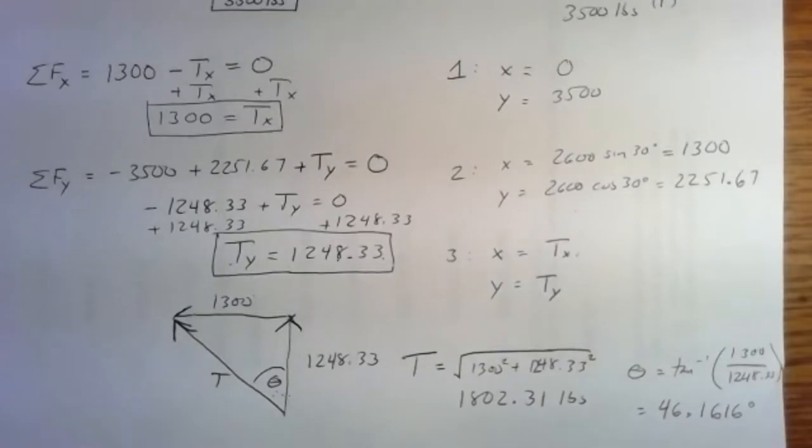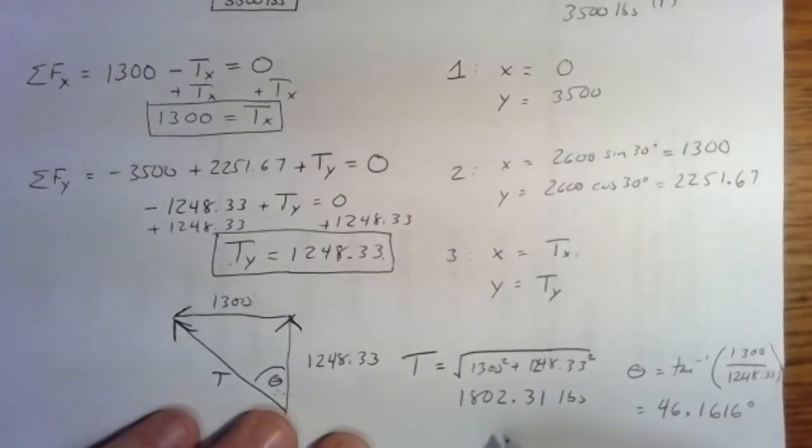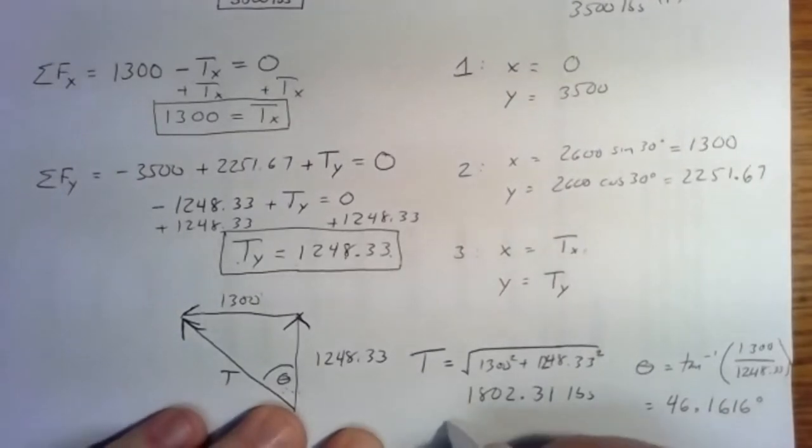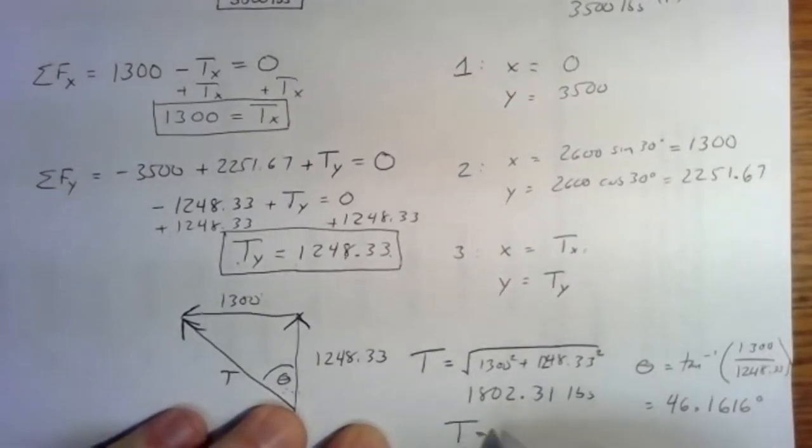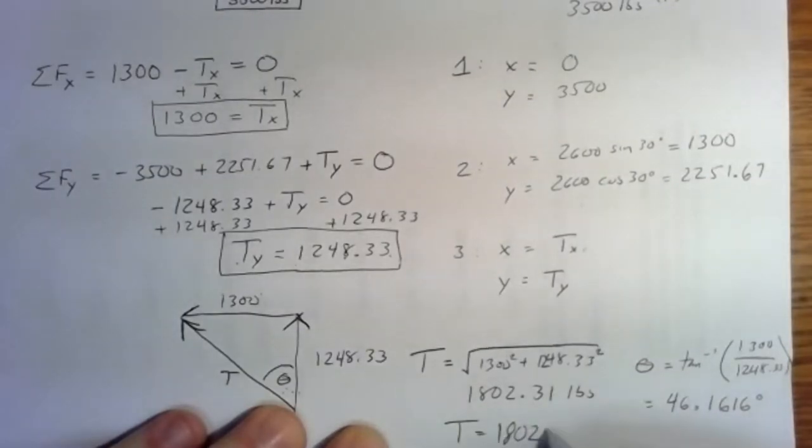And we're almost there. We're 98% there. The last thing we have to do is state our final answers. So now is when we round to our final number of sig figs. We wanted 4 good sig figs in the problem, so we'll round both of these to 4 sig figs. So our final answer, tension, is 1802 pounds. Don't forget your units.